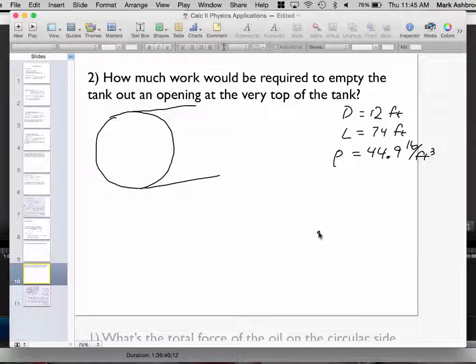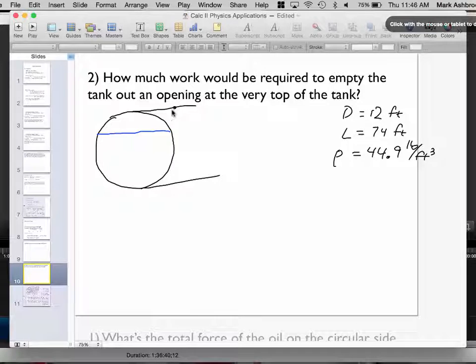And again, it's 3/4 full by height. So again, that's going to be 3 feet up from this horizontal diameter, or 3 feet down from the top.